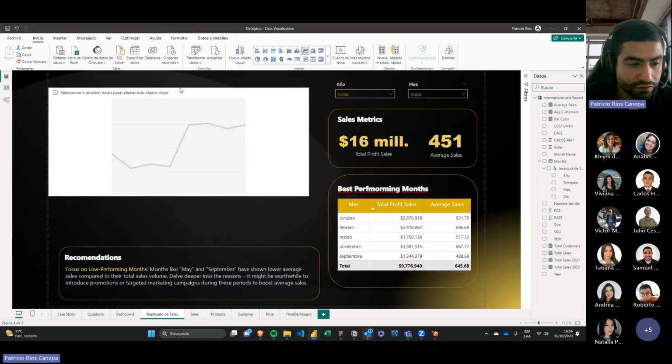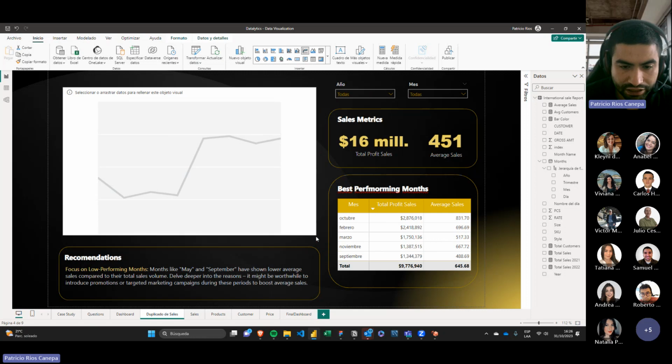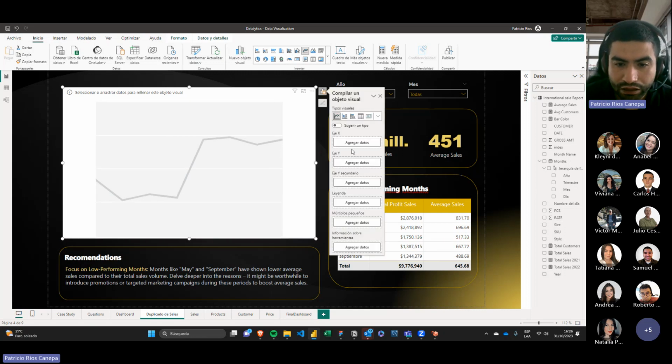We are going to first understand the sales pattern. Okay, so what we would like to see in the x-axis, I think we would like to see months, to try to understand the patterns.